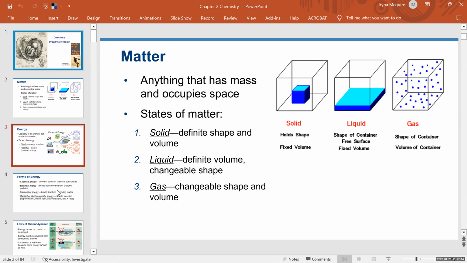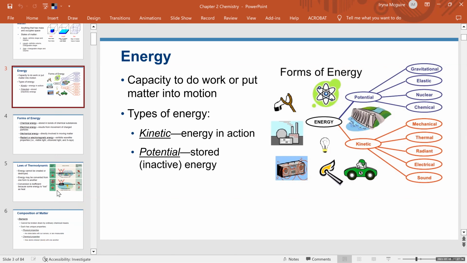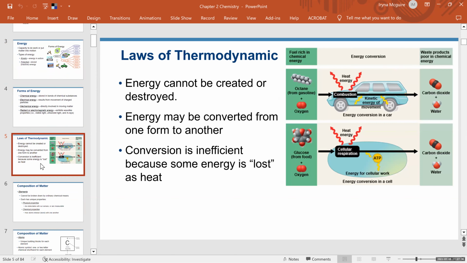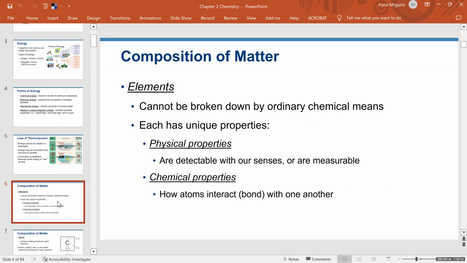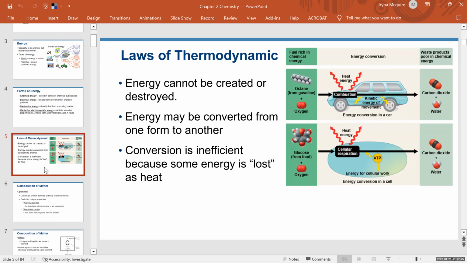What is energy? What is a form of energy? Can energy be created or destroyed? No, it cannot be. Now, what can energy do? Energy can be transformed from one form to another, and it can be moved from one place to another. That we can do, right? So we can convert energy.